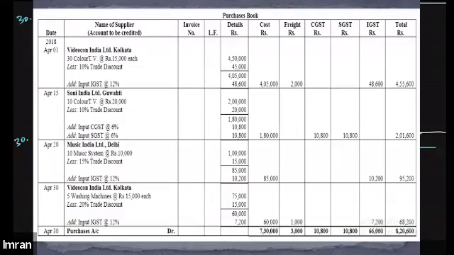See how different this format is from the format that we have prepared for the purchase book. In this case, we have made the same columns: date, name of supplier, then the ledger folio, and the details.